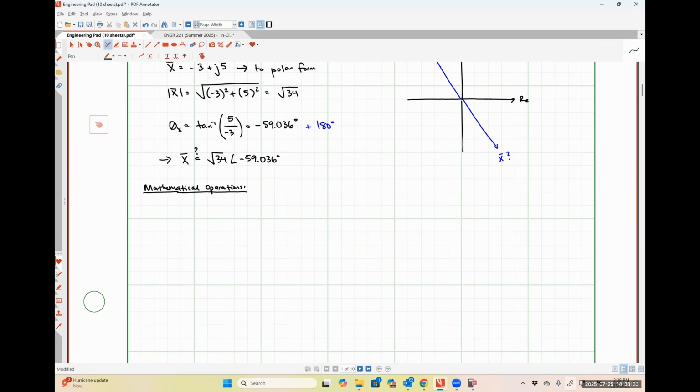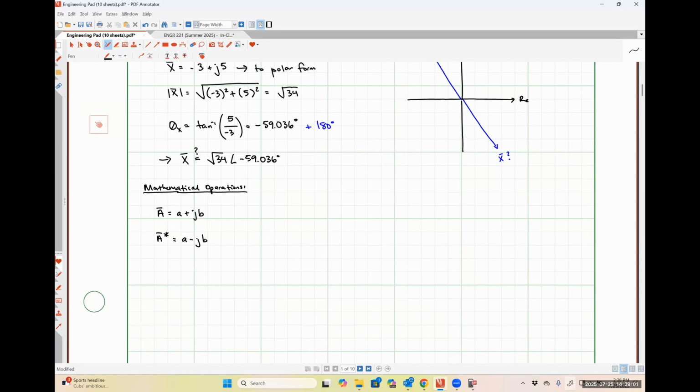So if I have a complex number, A, equal to lowercase a plus jb in rectangular form, then A conjugate, and I'm going to denote the conjugate operation with an asterisk here, is simply going to be a minus jb.